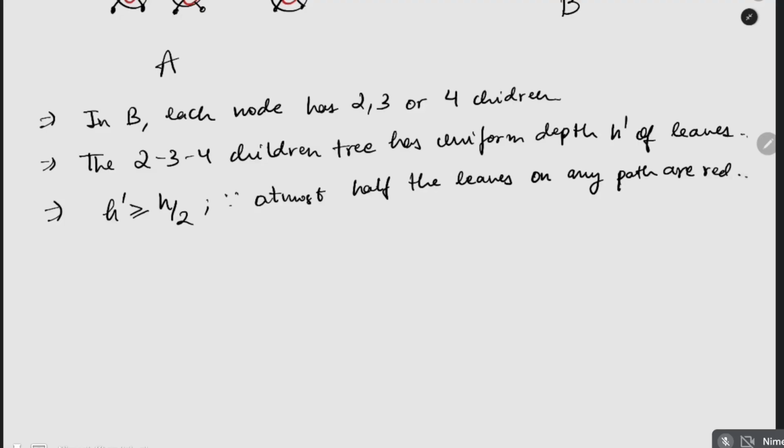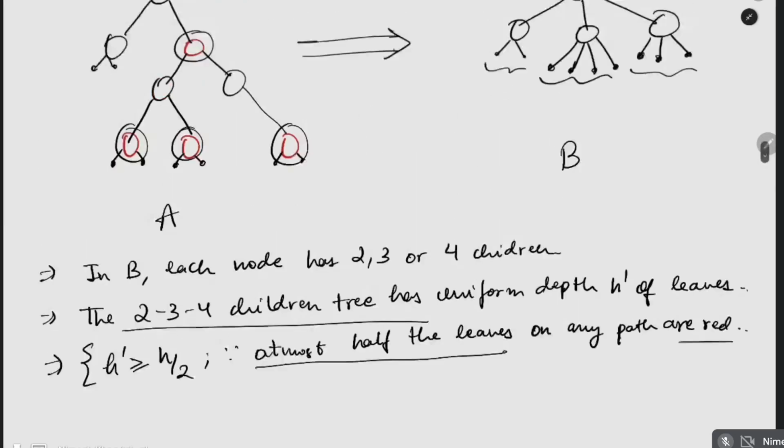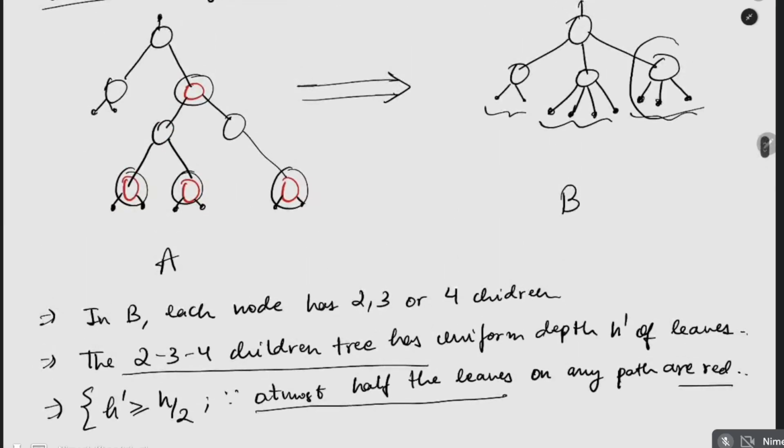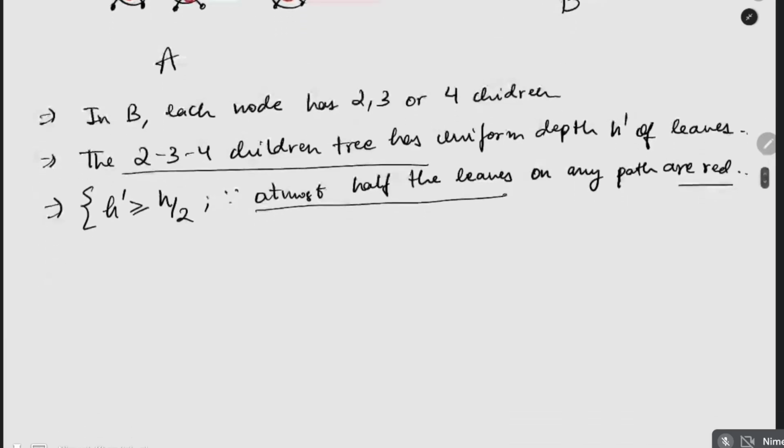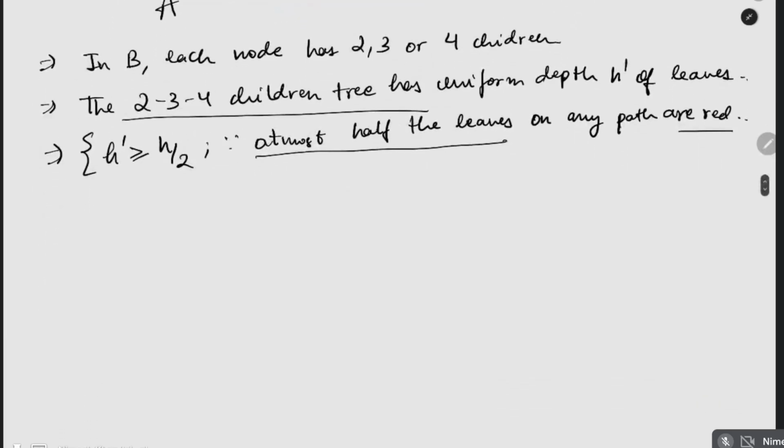So in any path, since at most half are red, the height of the subtree that has been made by considering only the black nodes will have a height greater than or equal to h by 2, because it has more nodes than h by 2.